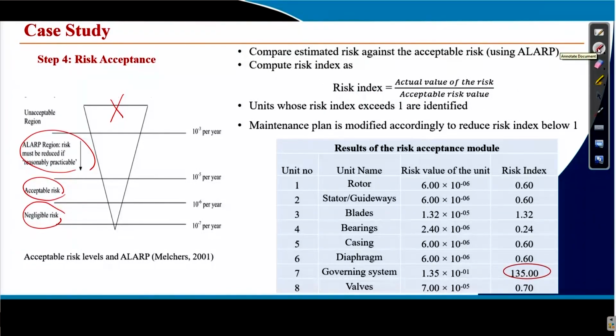What we have done is we consider 10 to the power minus 3 per year as acceptable, and then we take the actual risk versus this. Suppose 6 into 10 to the power minus 6 by 10 to the power minus 3. Just see the actual value and the acceptable value. Let me consider acceptable risk 10 to the power minus 3.